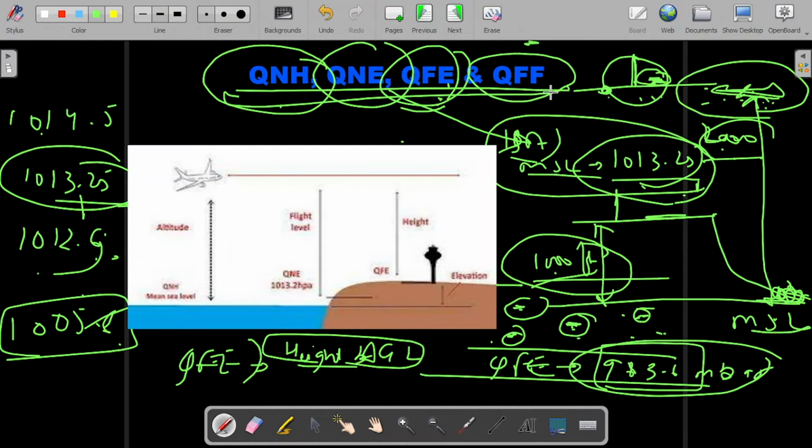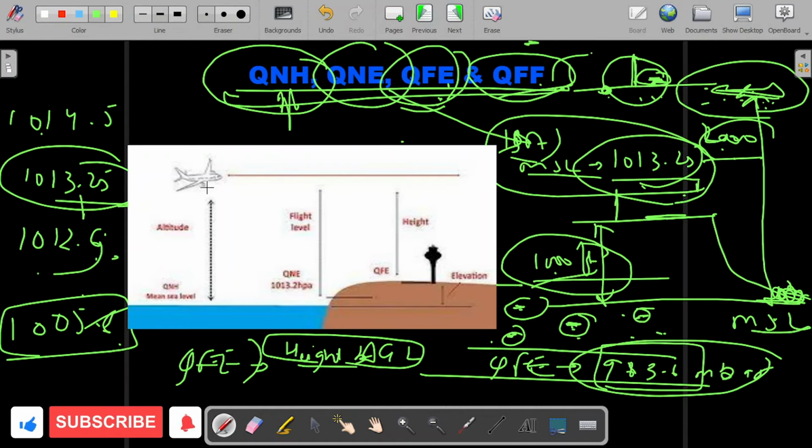QFF is the most accurate reading used for chart plotting. It is generally not used for the height measurement, but during the chart plotting it considers other atmospheric parameters like humidity and temperature, and while plotting the chart it is used. So QFF is not used during the communication for calculating the height, however it is used for the chart plotting.